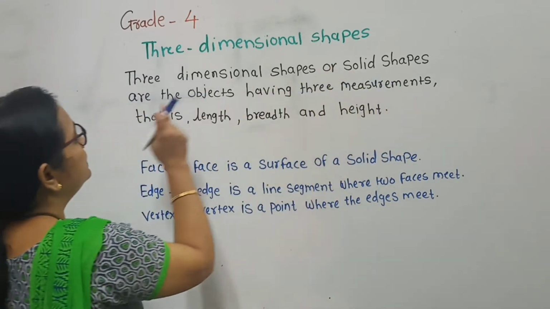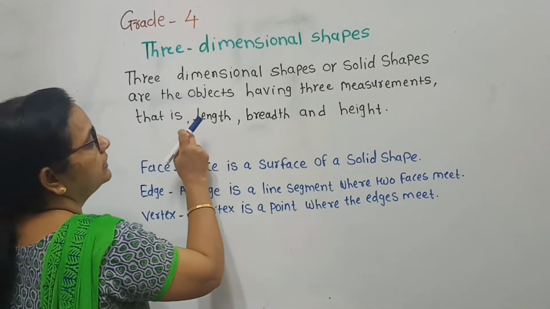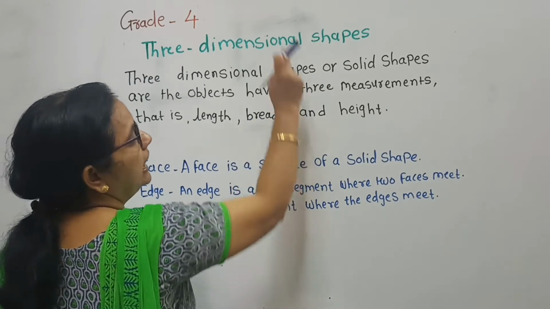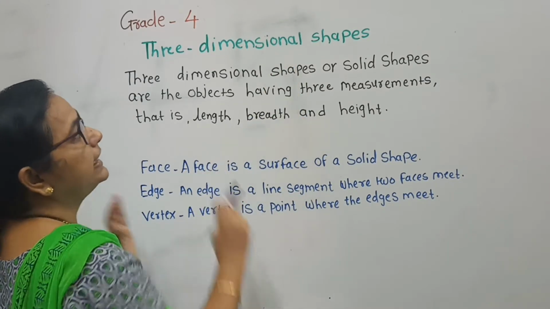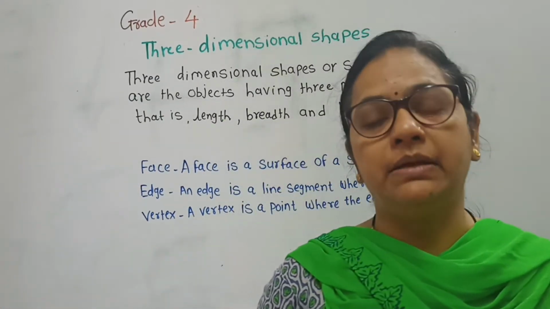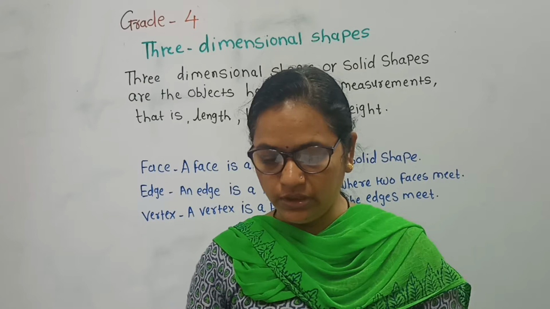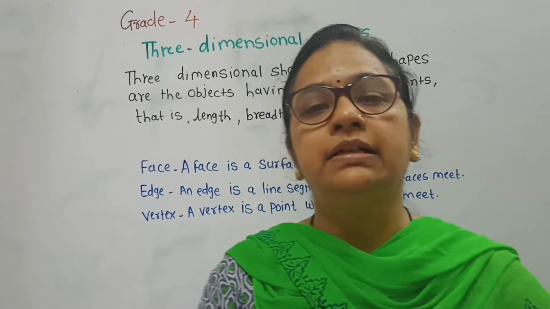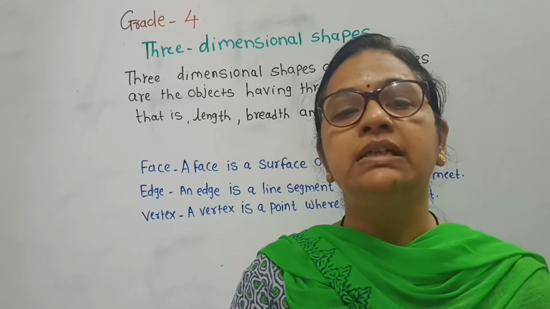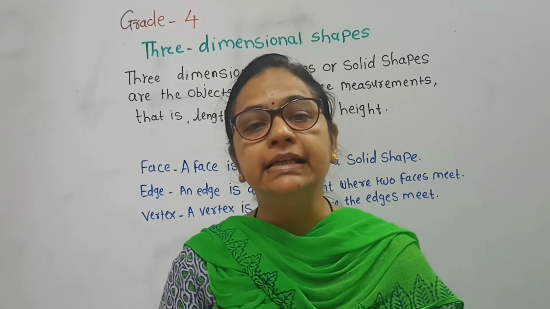Which ones? Length, breadth and height. Yes children, and these shapes are called three-dimensional shapes. Okay children, there are cube, cuboid, cone, sphere, cylinder.